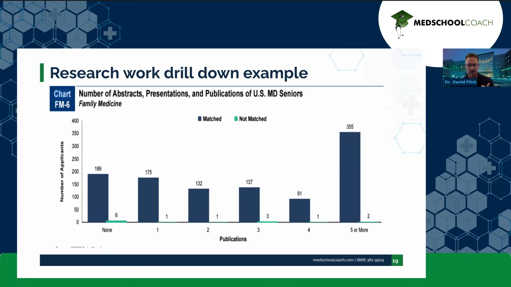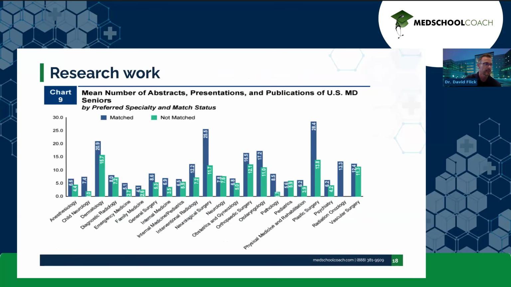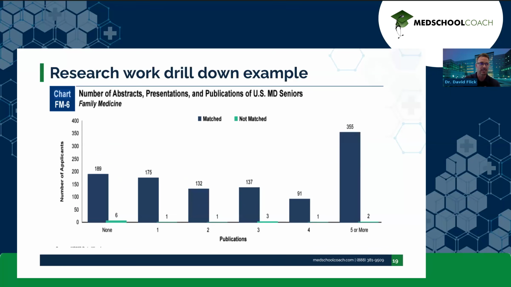Here's family medicine. Okay, let me just switch back there real quick. Doesn't look like between matching and not matching, there's a big difference here. 4.1 versus 2.6 is the ratio there. Not a big difference. But let's see what that actually means. This graph doesn't really follow any pattern, okay? Whether you had no research, okay, 6 people didn't get in, maybe that's an outlier, maybe it's not, but just look across the board.